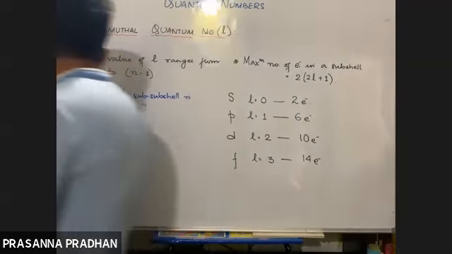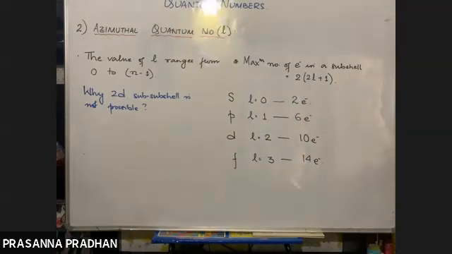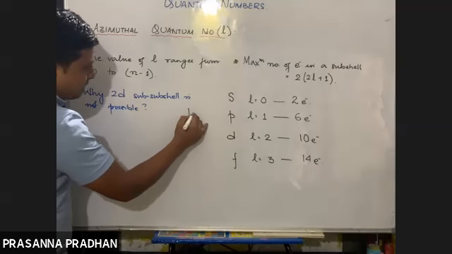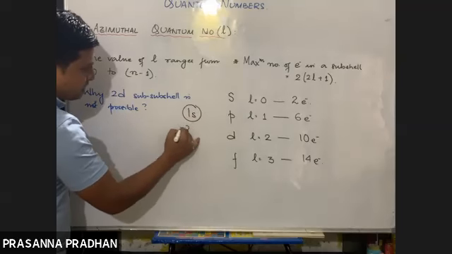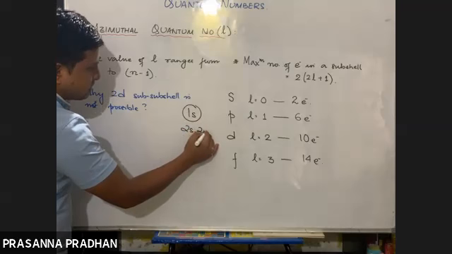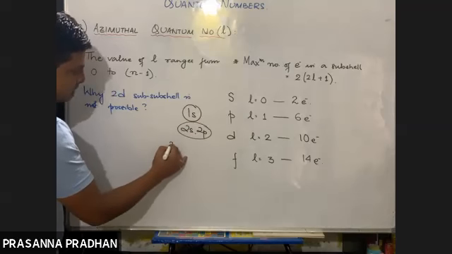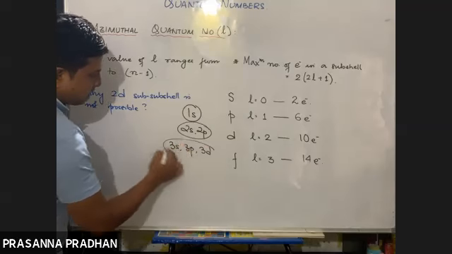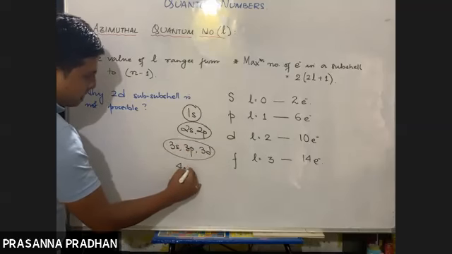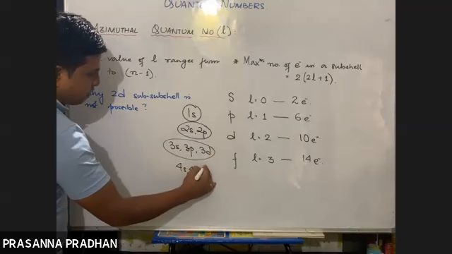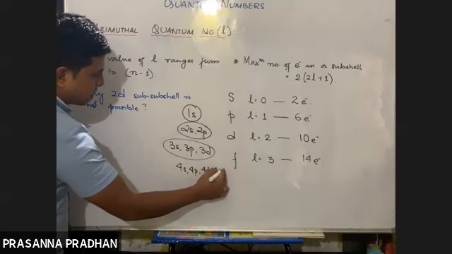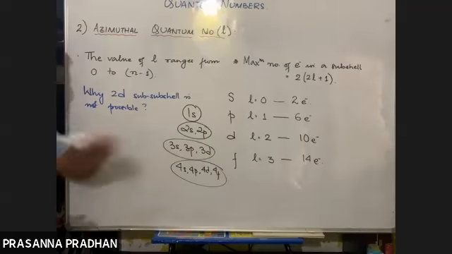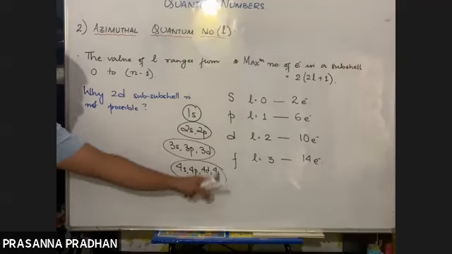So why is the 2D subshell not possible? We know that in the first shell there is 1S; in the second shell 2S and 2P are possible; in the third shell 3S, 3P, and 3D are possible; in the fourth shell 4S, 4P, 4D, and 4F are possible. But in the second shell 2D is not possible, and in the third shell 3F is not possible.